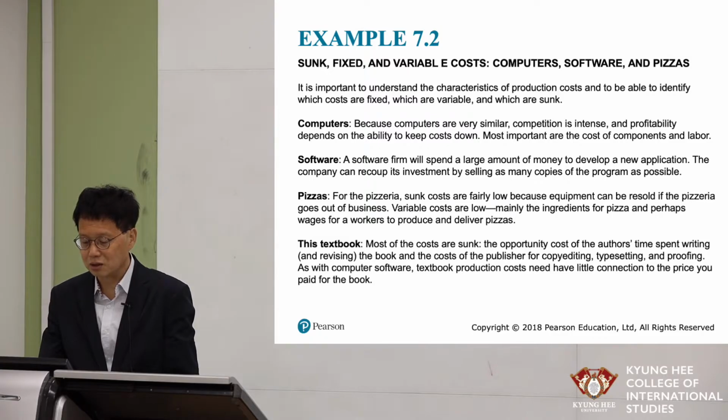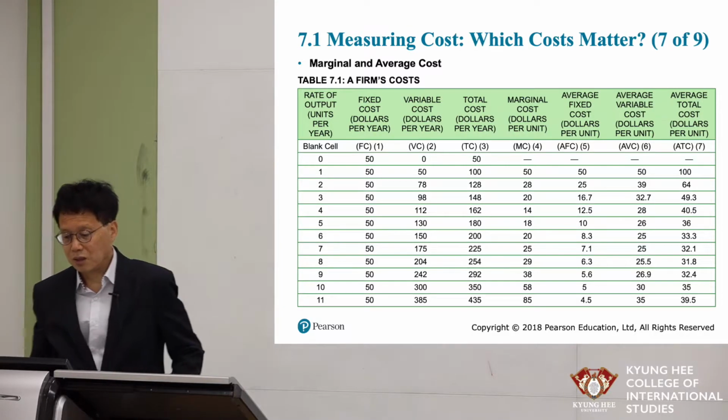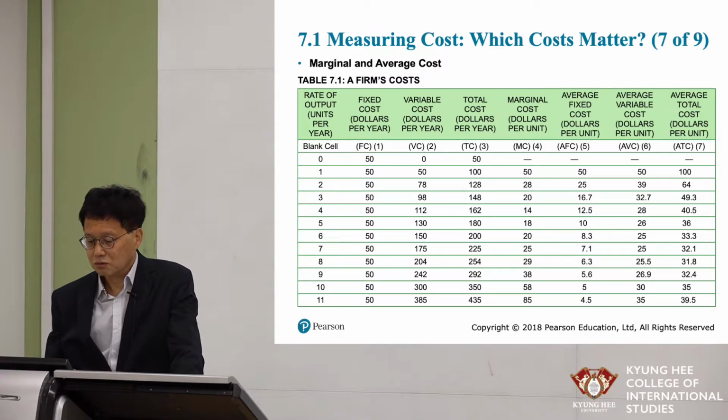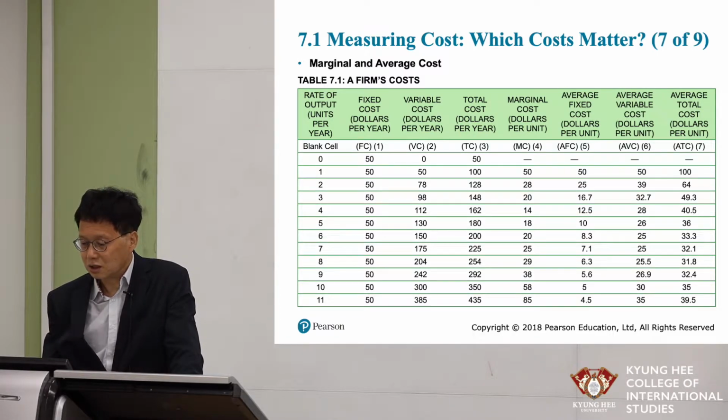Anyway, this is also a sunk cost industry. Okay? And next slide, marginal and average cost. We already studied this kind of thing in the Introduction to Economics book. That is the variable: production of output, 1 unit, 2 units, 3 units, like this. And fixed cost is a constant number, right?